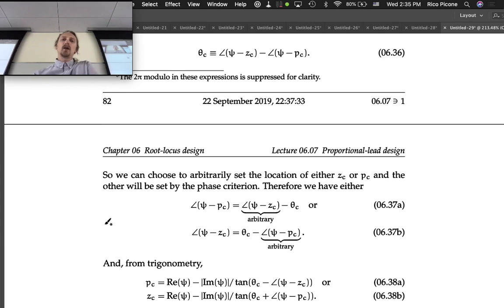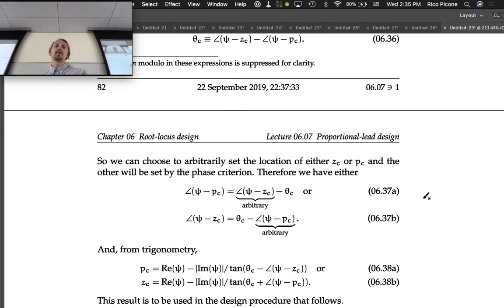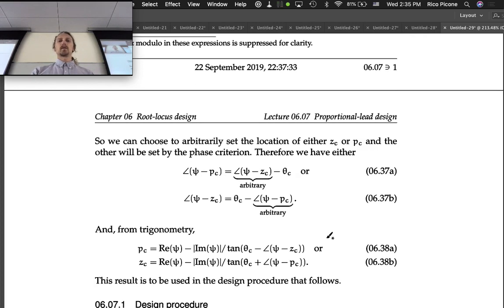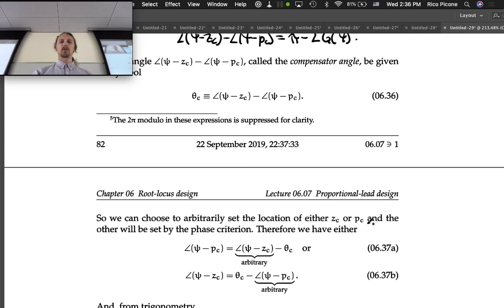So we can choose to arbitrarily set the location of either zc or pc, and the other will be set by the phase criterion. Therefore, we have either arbitrarily setting the zero location and computing what theta c has to be, and finding out what the phase of our pole must be from that. Or if you want to set the pole location, then you have this relationship here, which is just these two equations, 6.37, are just the consequence of this relationship here.